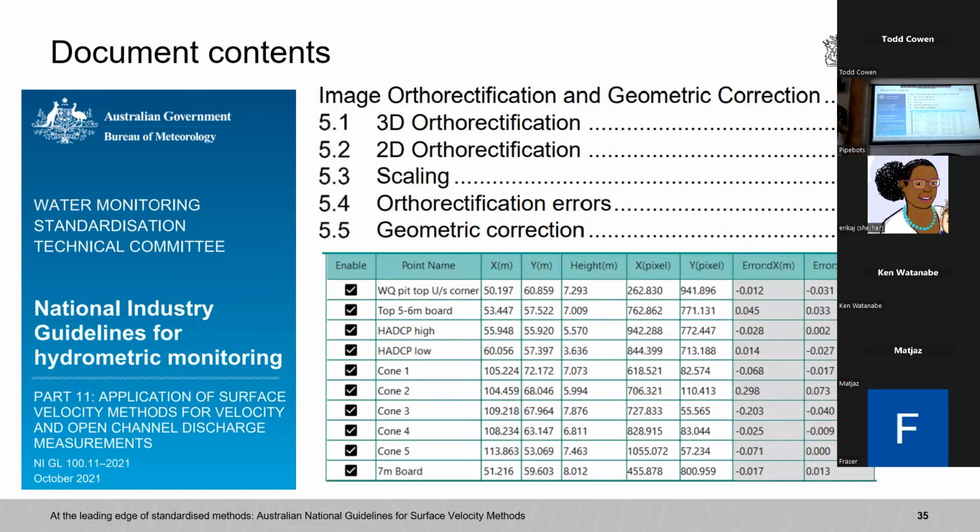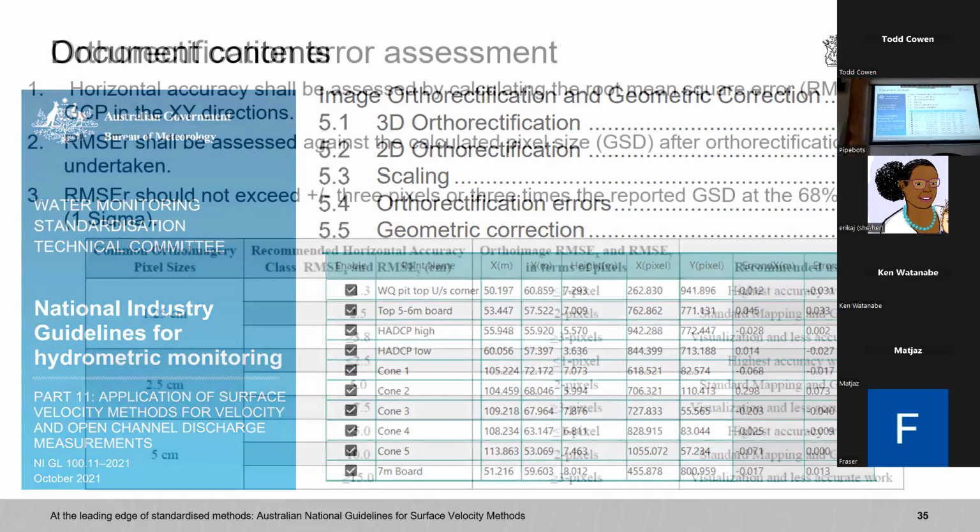And then your scaling for your drones, which typically is a known distance without imagery. Ortho rectification errors. So we try to define, using the standard that I showed you earlier in regards to pixel scaling, and looking at the errors within those ground control points, to set a standard for setting up your site. You can go to the next slide.